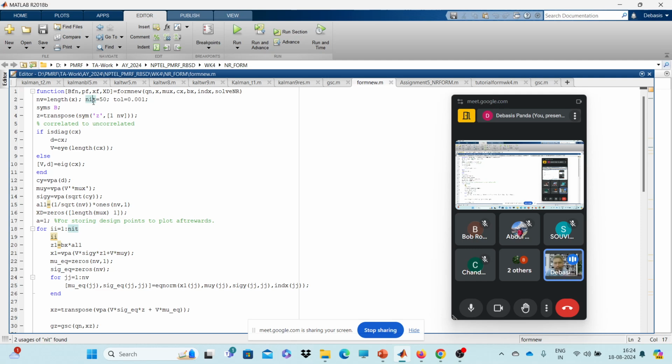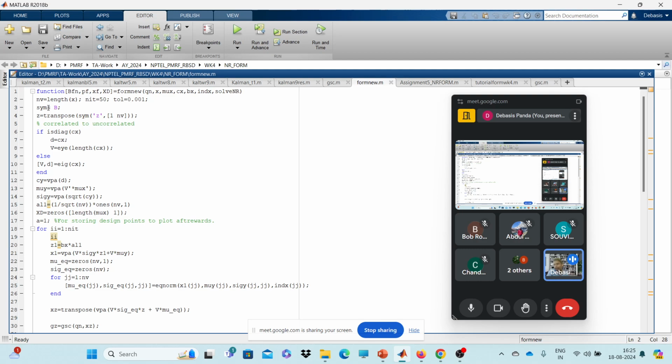Here I have put 50 iterations, no question will exceed that. 50 is more, you can put 10, 12 or 15 where you want to stop. So I suggest putting the number of iterations, that is the maximum number of iterations your code will go for. And tolerance, I have given the tolerance as 0.001. That tolerance is the stopping criterion, when the finding of beta will stop.